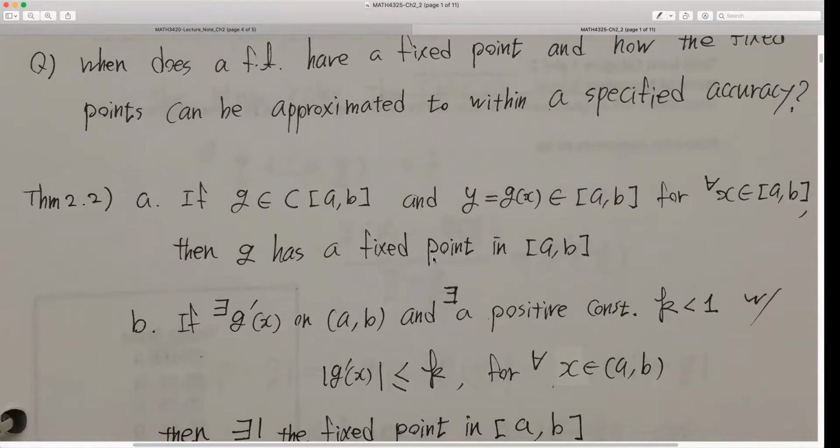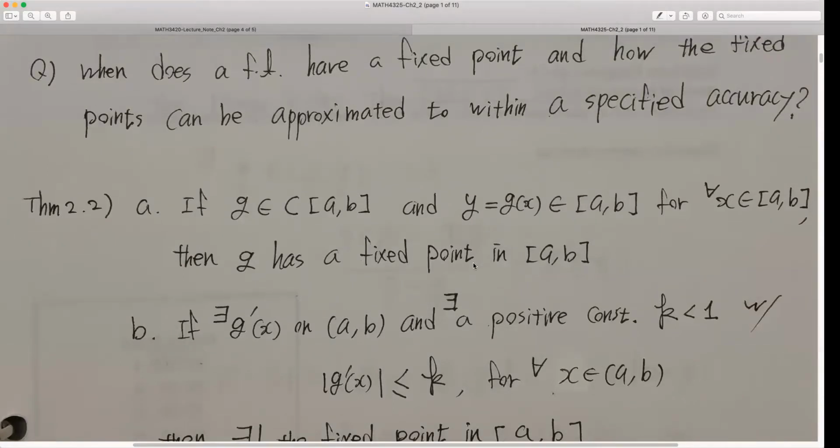Then g has a fixed point in the closed interval a, b. Simply saying, theorem 2.2 means that if the function is continuous on the closed interval a, b and its range is also in a, b, then function g has a fixed point. It means that there exists p such that g of p equals p.